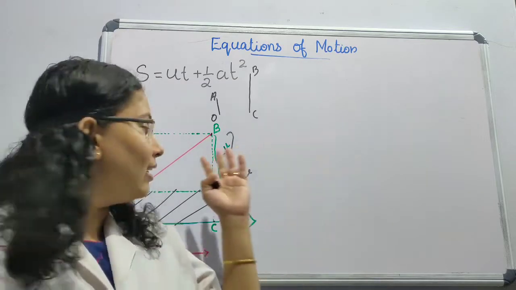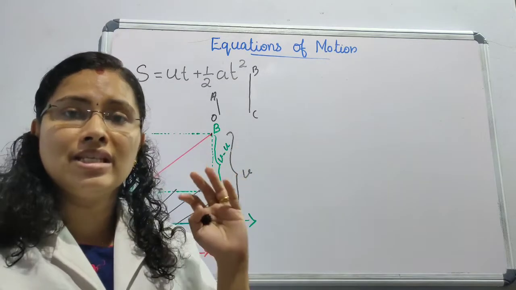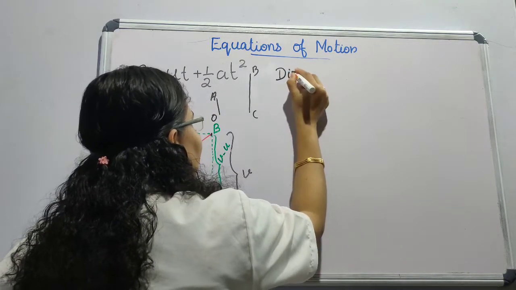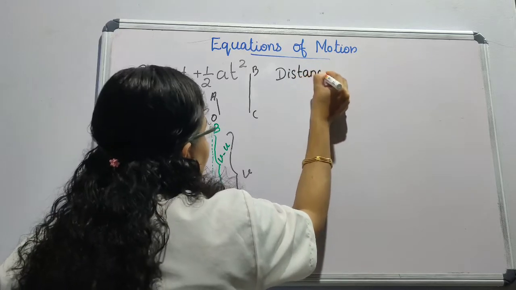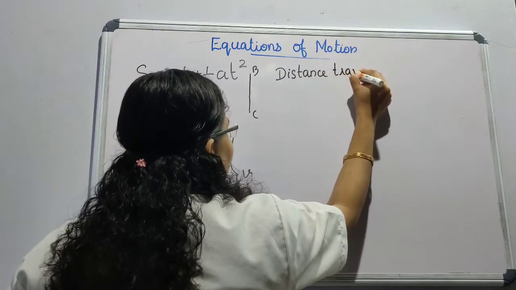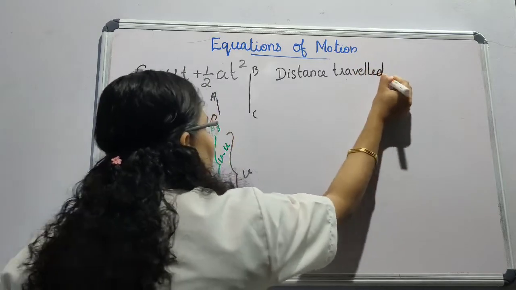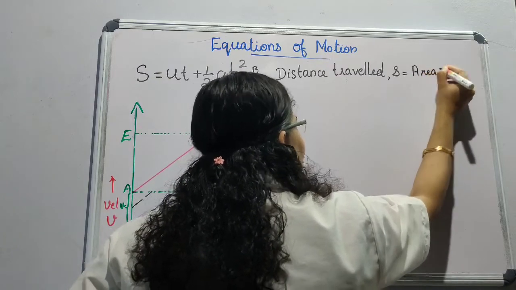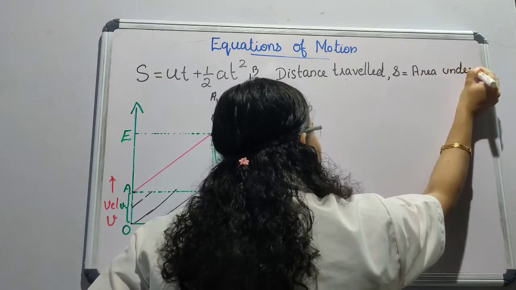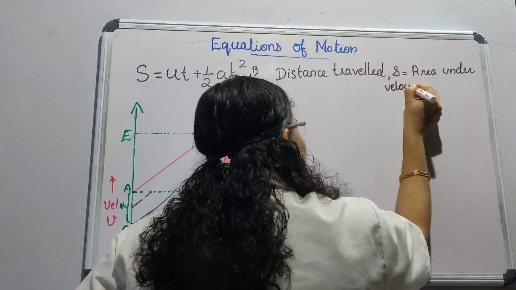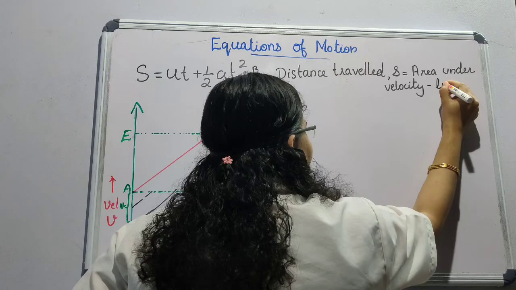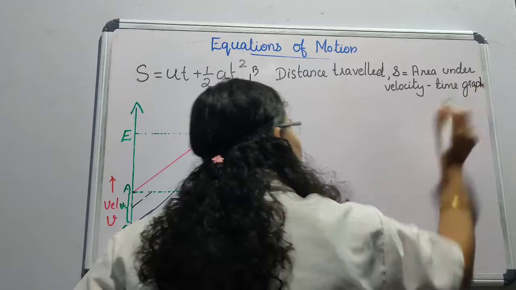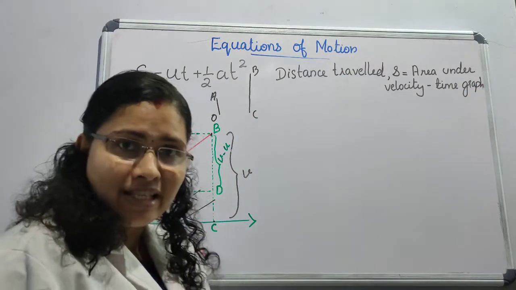As we have discussed earlier, how do we calculate the distance travelled by the body in this graph? You have to calculate the area under the velocity-time graph. So we can calculate the distance travelled: S is equal to the area under the velocity-time graph.